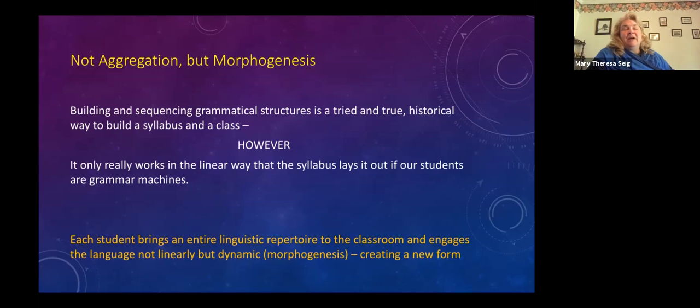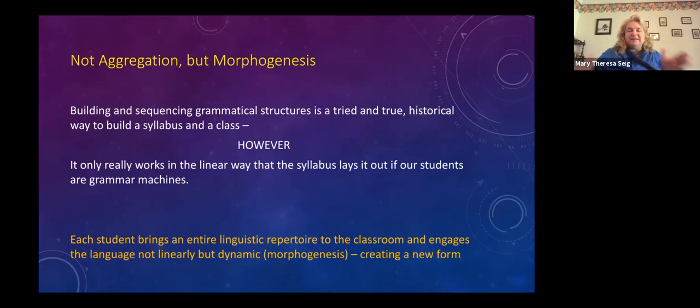Larsen-Freeman adopts a biology term, actually, to talk about the way that language is evolving in the understanding of students as they learn a second language. She uses the word morphogenesis, and morphogenesis refers to the creation of a new form. If you think about it, as students are learning a language, they are developing their interlanguage. They're going from having no knowledge of the language on their path towards being a fluent, competent speaker.